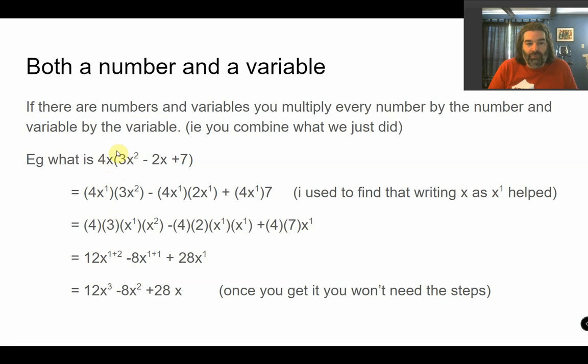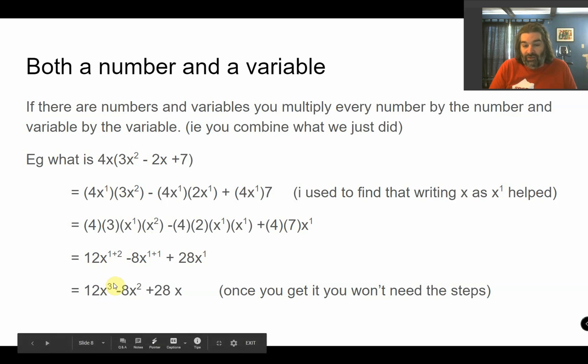So let's multiply this. You have to multiply 4x by each of these terms. So we start off with the first one. 4 times 3 is 12. X times x squared is 1 plus 2. That gives me 3. My exponent's total is 3, so that's 12x cubed. 4 times minus 2x.